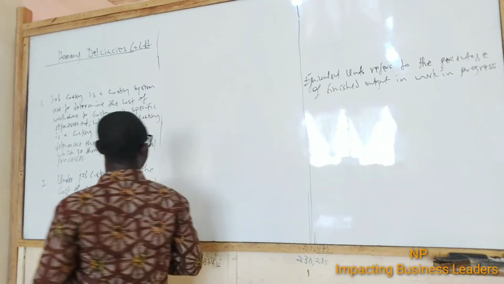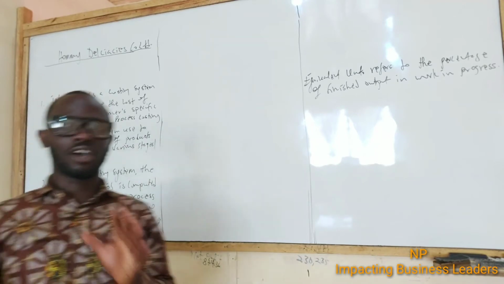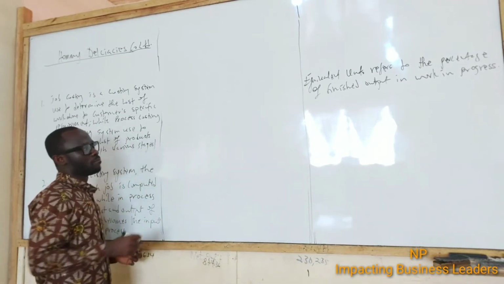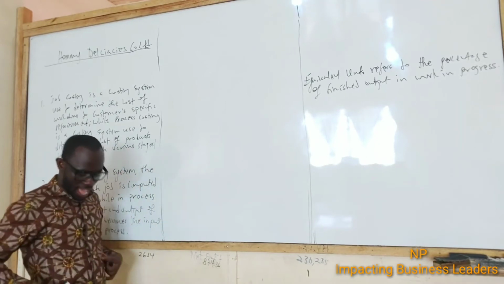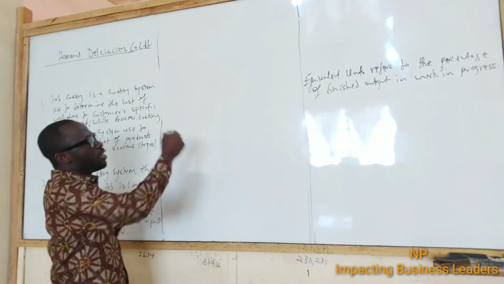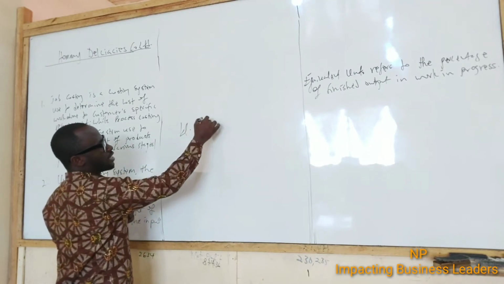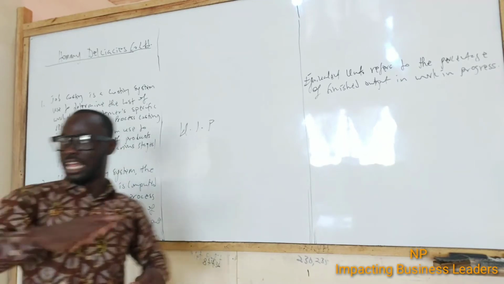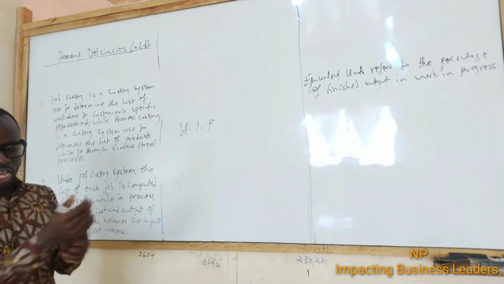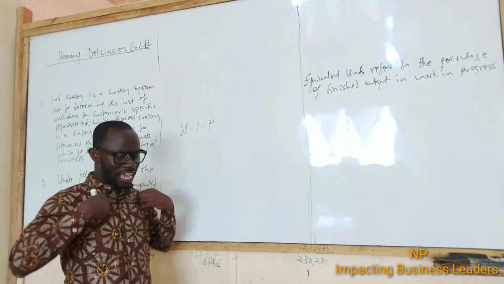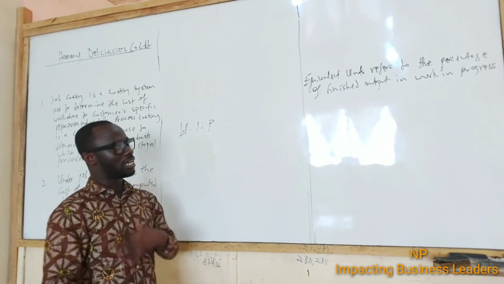What does that mean? Let's say I am a fashion designer, and I have one cloth like this, that is my finished output. What will be my work in progress? Something that is being done that we have not finished. So let's say we've cut the cloth down, but we've not sewed them, we've not done buttons.